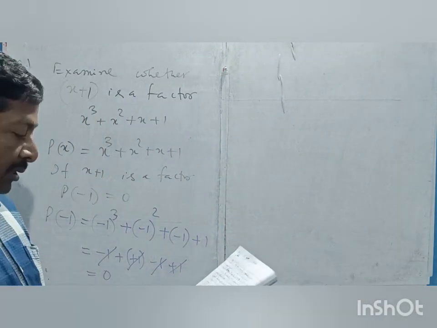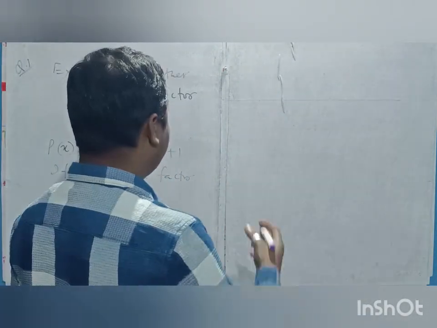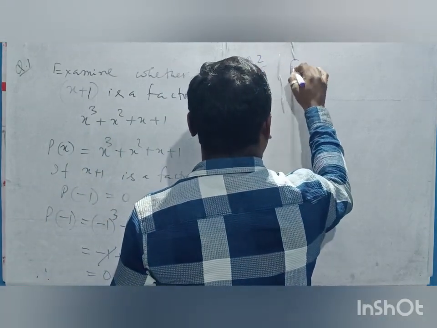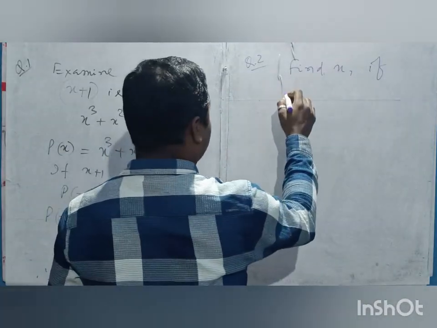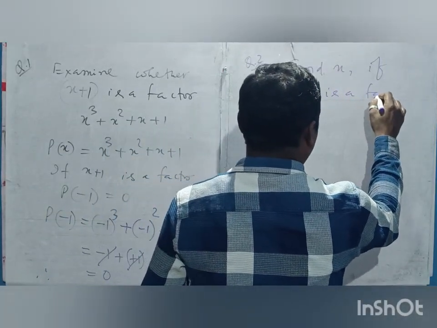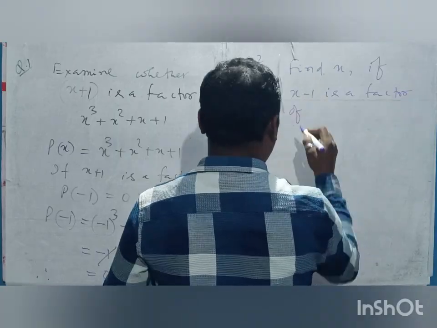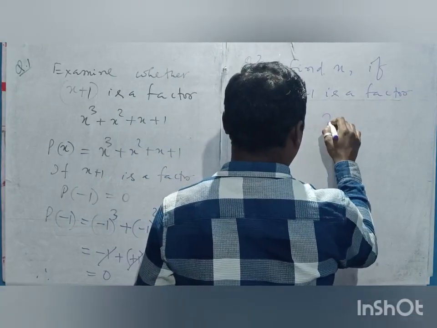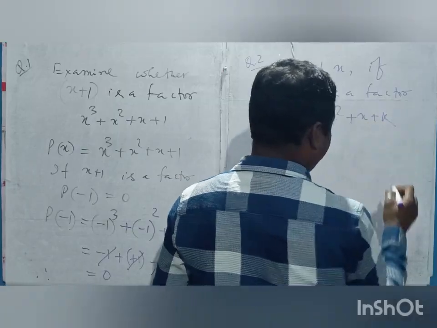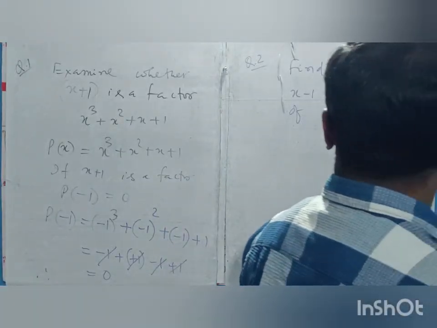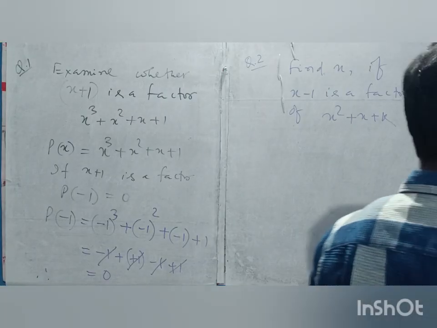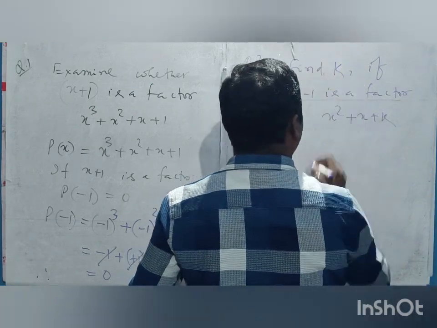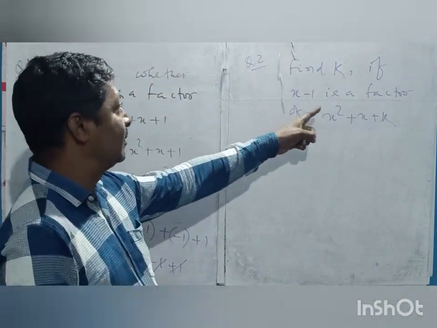Question: find k if x minus 1 is a factor of the polynomial x square plus x plus k. Find the value of k, not x.